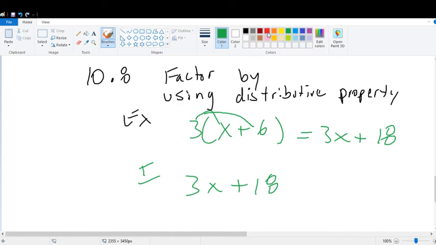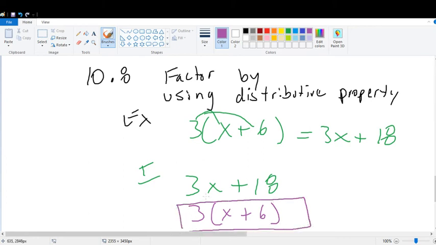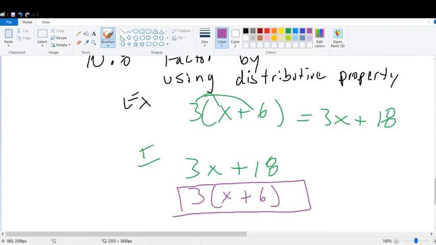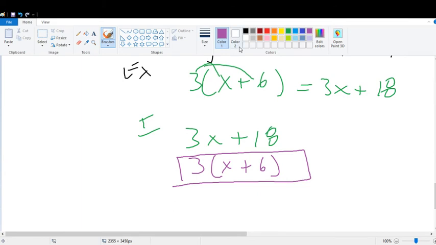What goes into 3 and what goes into 18? Same number. Well, 3. So you can pull out a 3 from here. That's going to be x. This is going to be 6. And you were able to factor out this binomial. So we worked backwards. We're using the distributive property, but working backwards. It's called the inverse. You're going backwards.